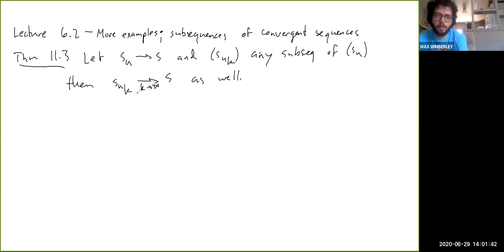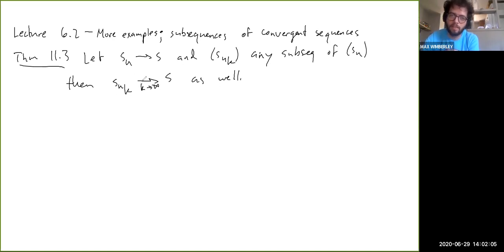So the only reason I write this k approaches infinity here is to remind you all that the real index, right? The actual index of these terms is k itself. K is the index of the subsequence. Nk is just some sequence of indices that we're plugging into Sn to get the actual terms of the subsequence.